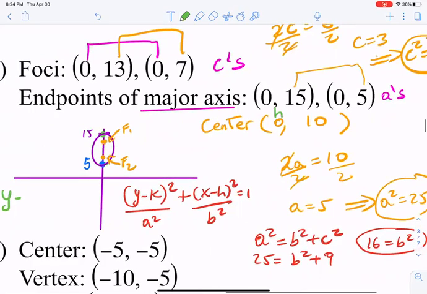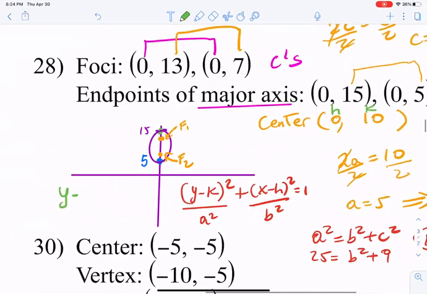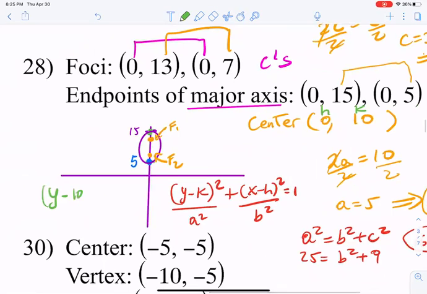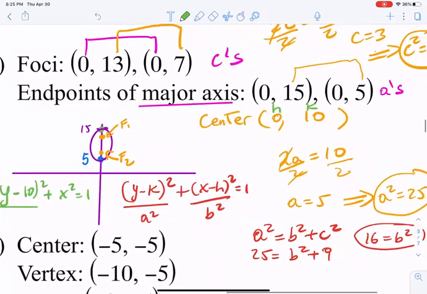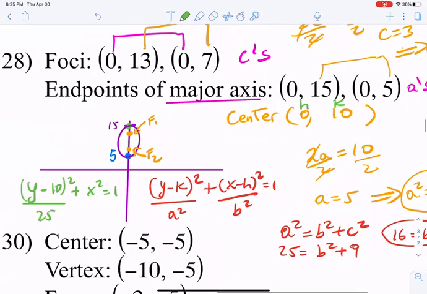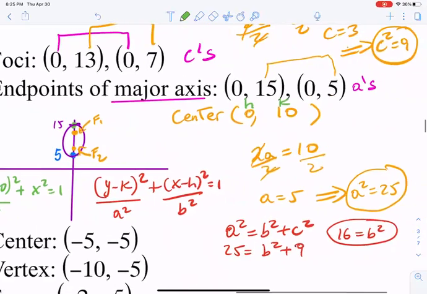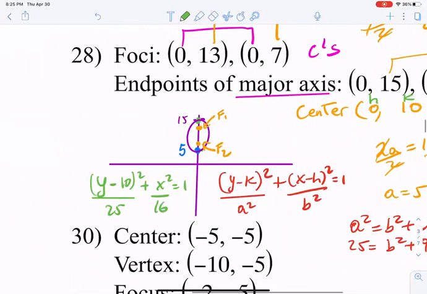Here are my h, k. So (y minus 10) squared plus (x minus 0), so I can just write x squared, equals 1, divided by a squared, which is 25, and b squared, which is 16. And I'm done. That's the answer for this problem.